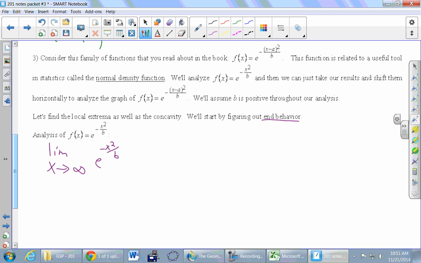So e to the negative 100 or e to the negative 1,000,000. And both of those are very close to what nice number? It's not 1, it's 0. E to the negative 100 means 1 over e to the 100th, which is some massive number, right? So this thing here in the limit actually is 0. So we wrote very little, but did a lot of analysis in our minds.